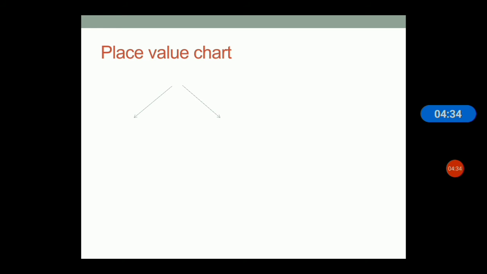If we represent that in a place value chart, in the case of 3.6, 3 is in the ones place, and after the point, in the decimal system, 6 is in the tenths place.